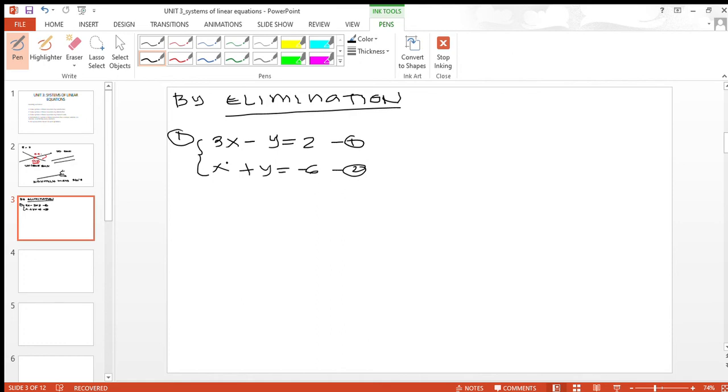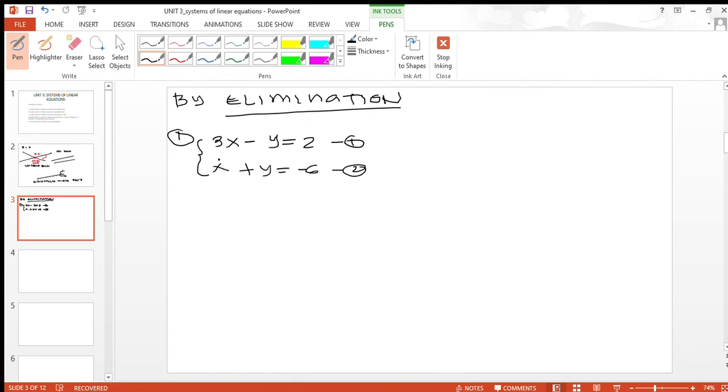And what's the easiest way to determine which variable is to be eliminated? Make sure that you can find, or if you cannot find, you can make the numerical coefficients of a variable numerically equal.